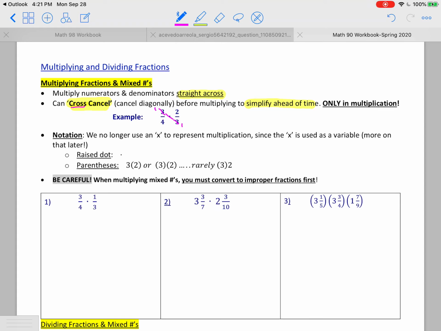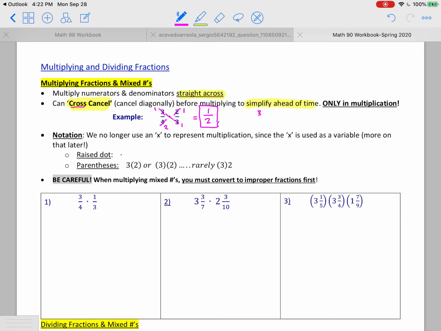And a common factor between 2 and 4 would be 2. Of course, we can't choose 4 because 4 is larger than 2, but we can say 2 divides into 2, leaving 1, and 2 divides into 4, leaving 2. So really all we have left in the end is 1/2, and we can see that we're already reduced.